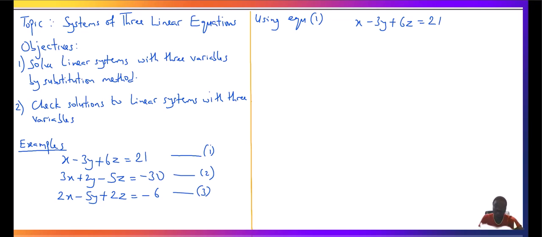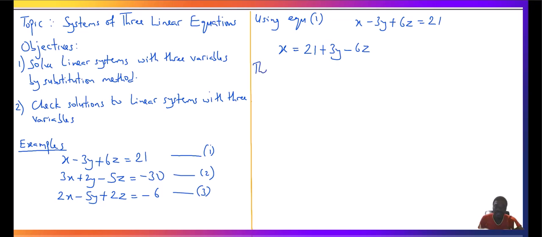Very, very important. If I'm trying to make x the subject of the formula, I have to move 3y and 6z to the right hand side. So my x will be equal to 21 plus 3y minus 6z. Very simple.